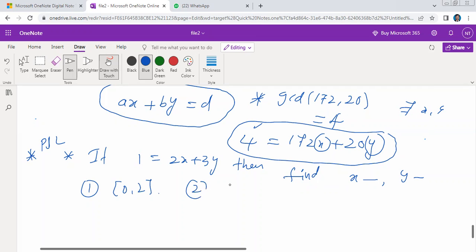Second option, minus 2 comma 2. Third option, 2 comma 4. Fourth option, 10 to infinity open interval. గెస్ చేయొచ్చు ఇక్కడ మీరు, అంటే మనం ఎక్స్ పర్టికులర్ అడుగుతలేడు, ఇంటర్వెల్ ఎక్కడ ఉండాలి అని అంటున్నాడు.